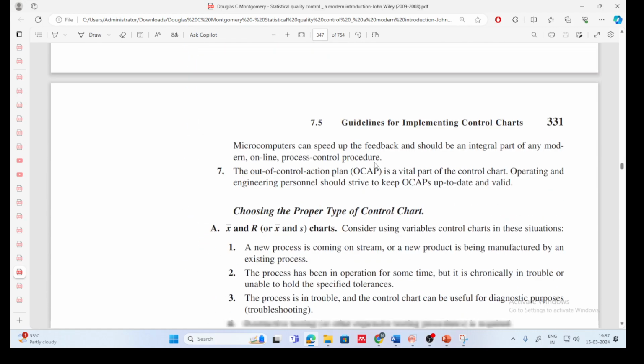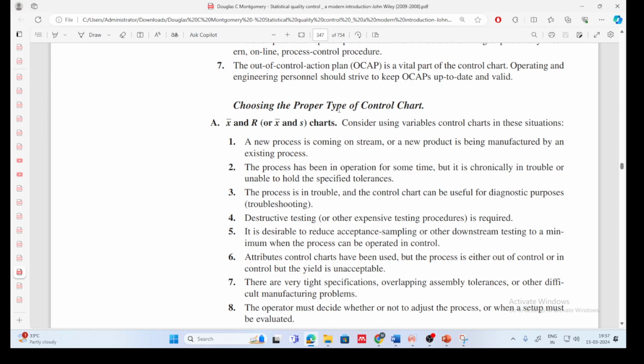For choosing the proper type of control chart, for the X bar and R chart, consider using a variable control chart in these situations. If a new product is being manufactured by an existing process, you can apply the X bar and R chart. If the process has been in operation for some time but is chronically in trouble or unable to hold a specified tolerance, you can use the X bar and R chart.